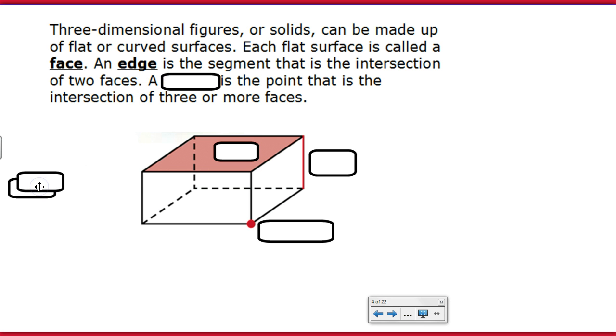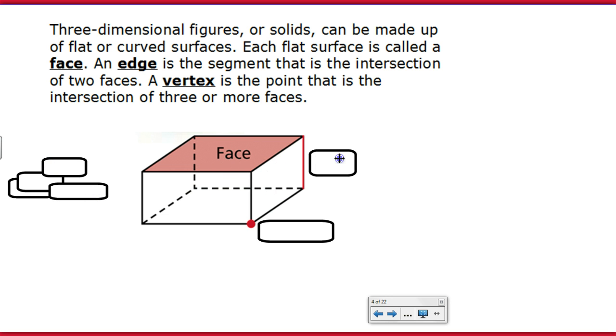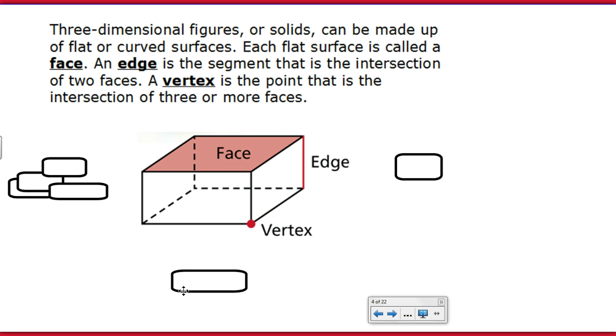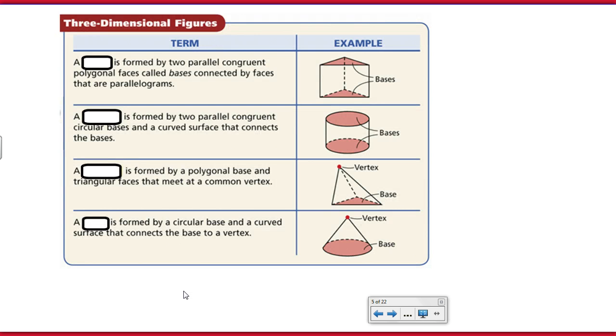Good. And a point that is the intersection of 3 or more faces, so look at the top, the front, and the right side here meet at this point, we would call that a vertex. That's right. So we could say that's a face, we have an edge over here, and then this dot represents the vertex, the point where all 3 edges meet.